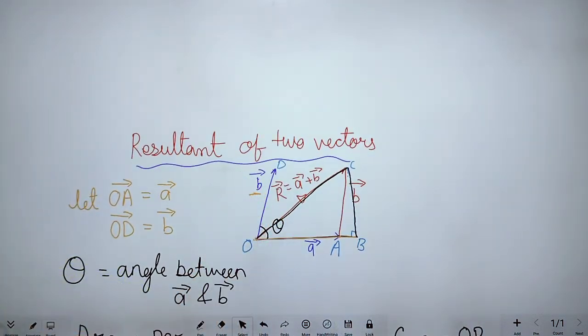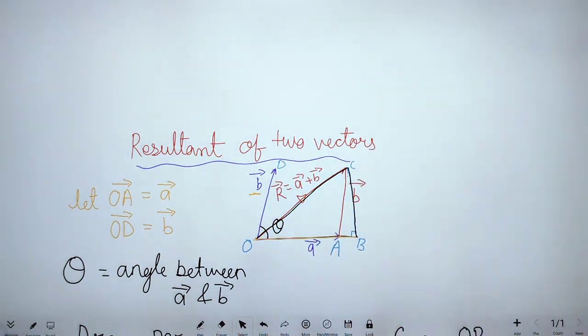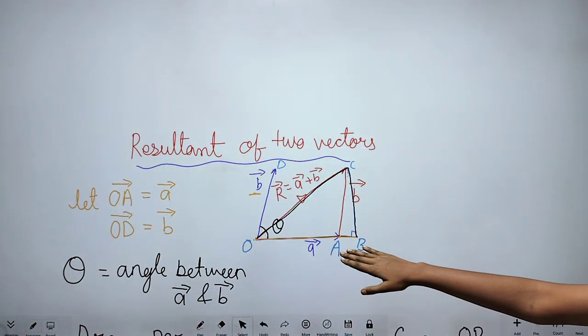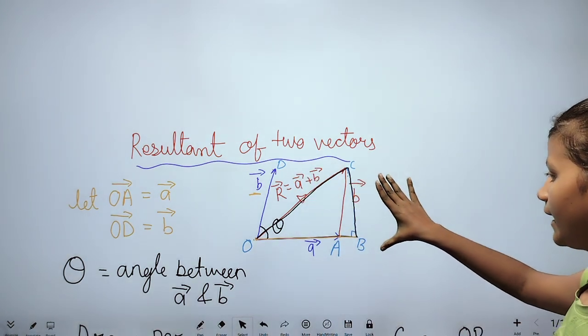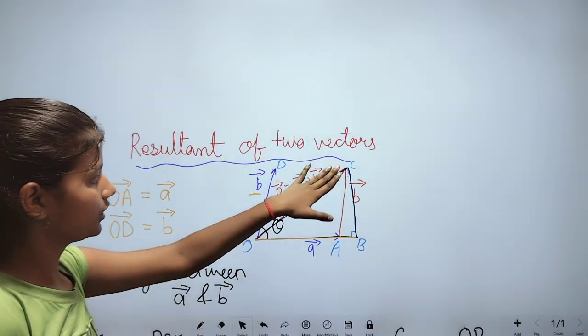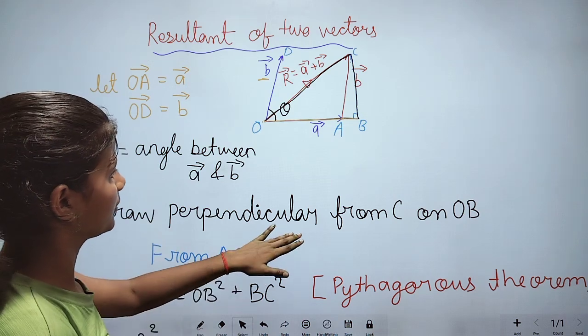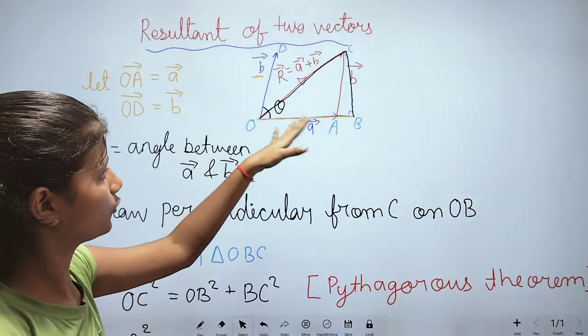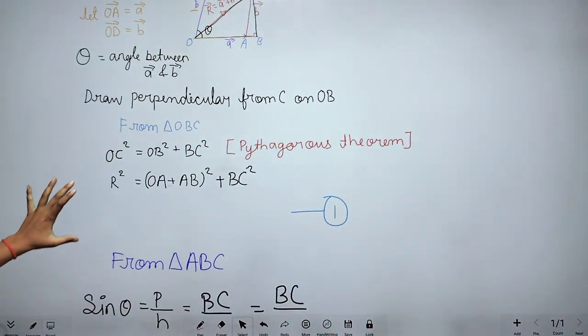First we shift a vector parallel, then we draw a perpendicular from C on OB and solve it.